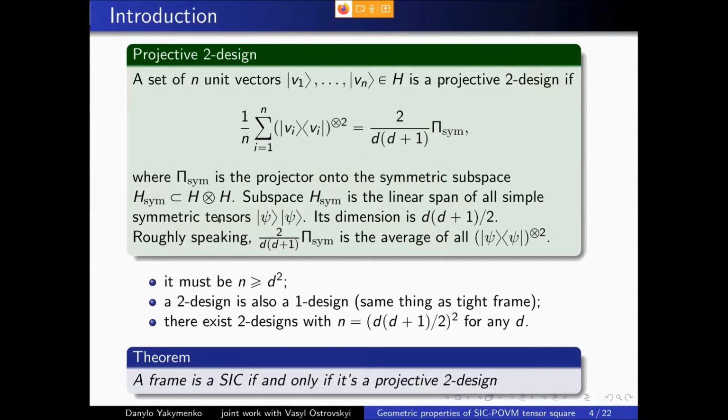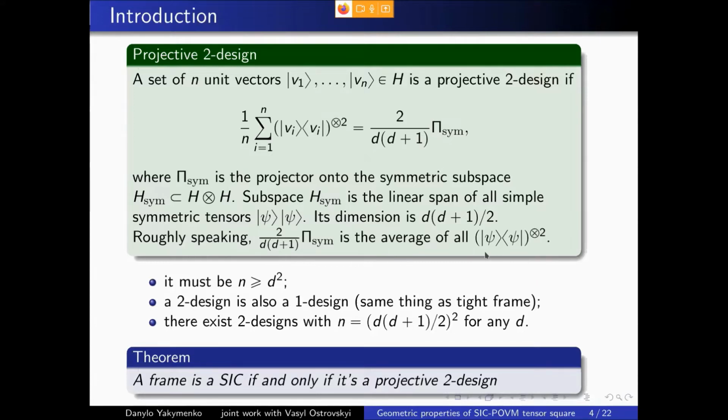And this equation actually means that this projector is, roughly speaking, an average of all such projectors.